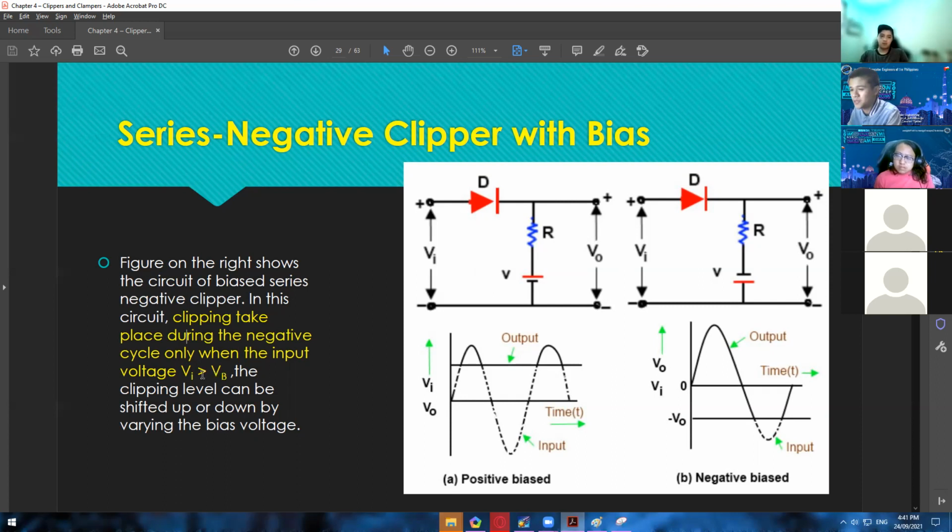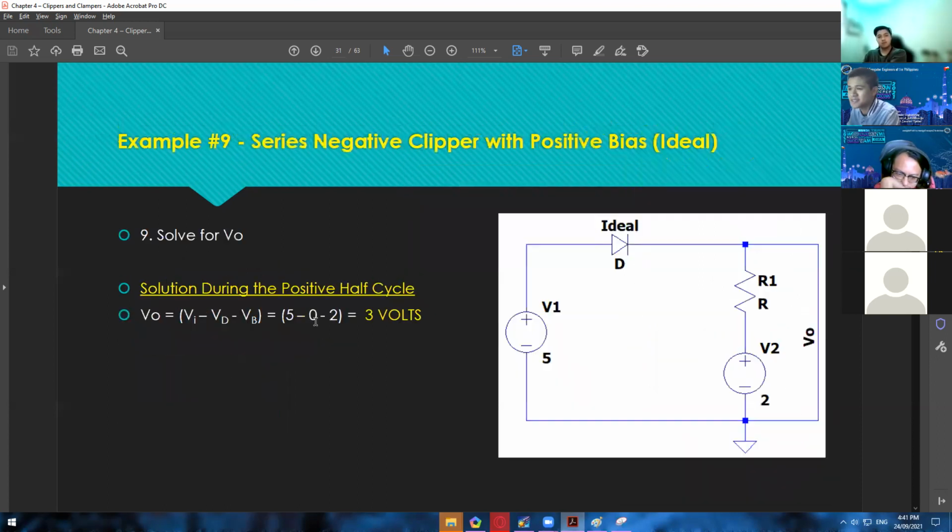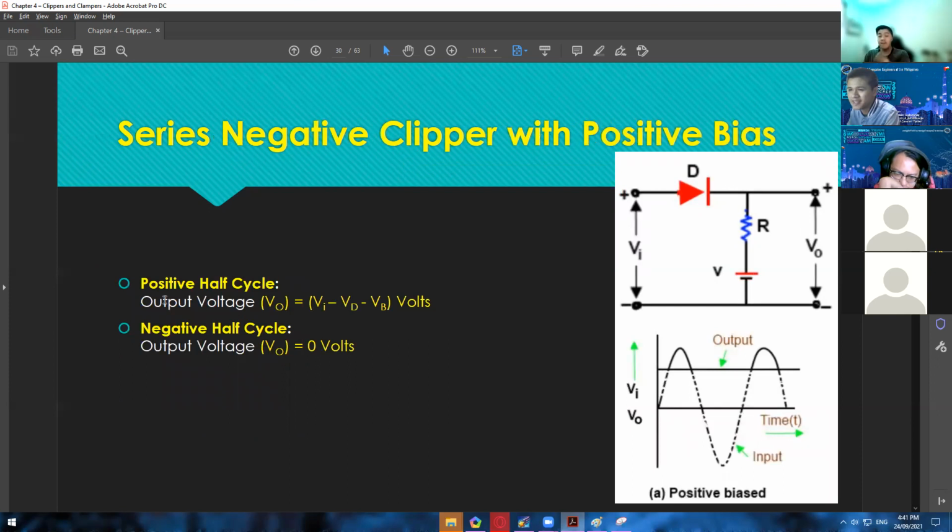Okay, so ito yung mga scenario na kailangan ulit natin i-consider. So later on, let's try to analyze it one by one again, during the VB greater than VI or VI greater than VB. Okay, so let's have this example. But before that, again, we have these scenarios or formulas when it comes to positive half cycle and then negative half cycle.